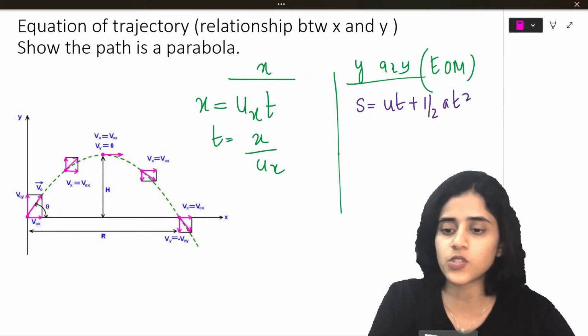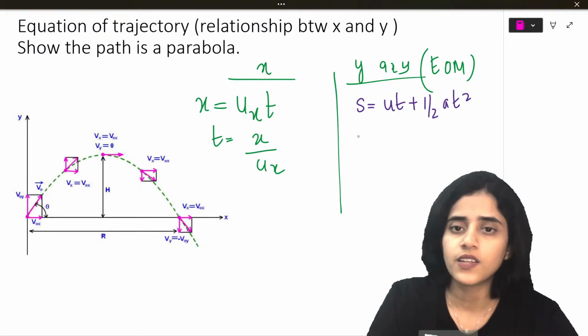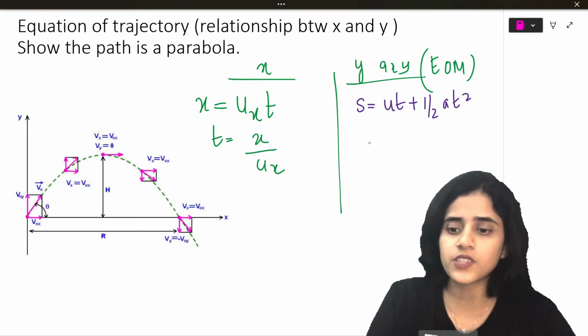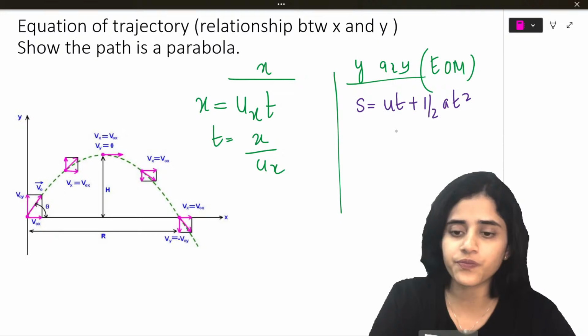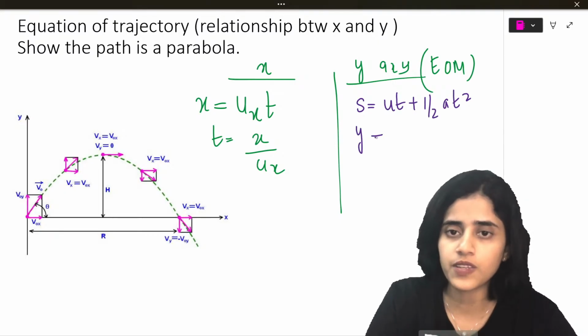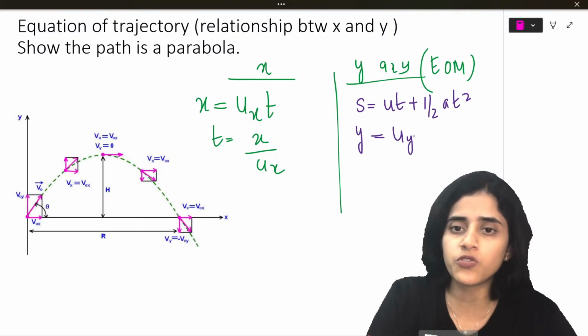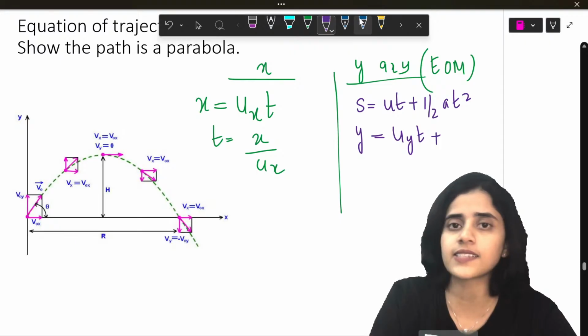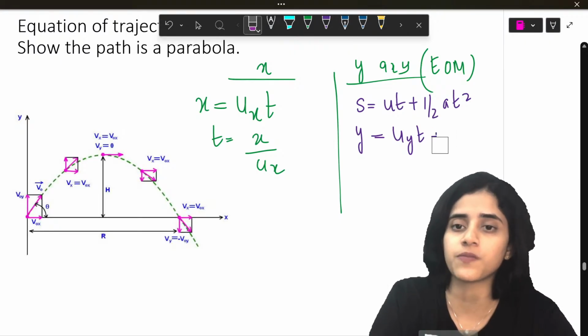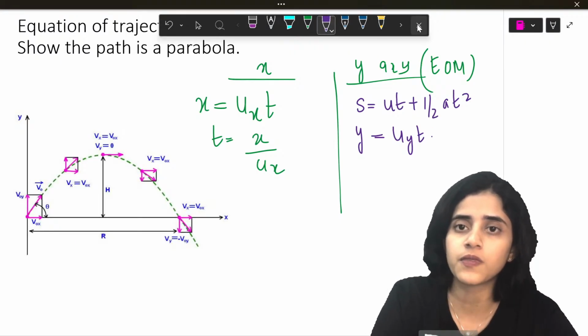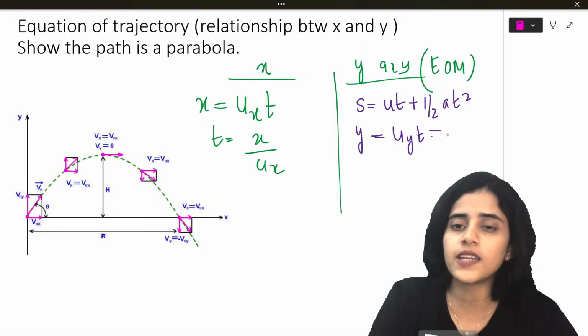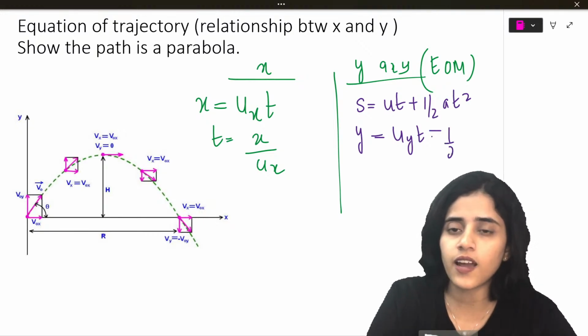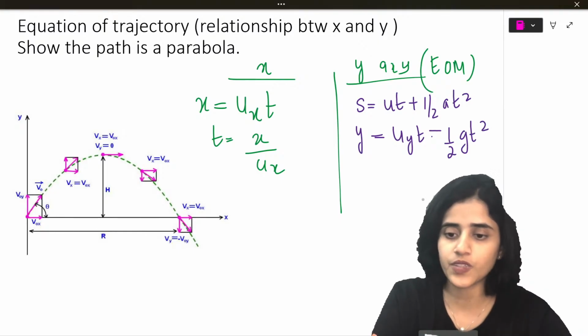So this is basically going to be s, that is y, is equal to uy t minus, the acceleration is minus g, so minus half g t square.